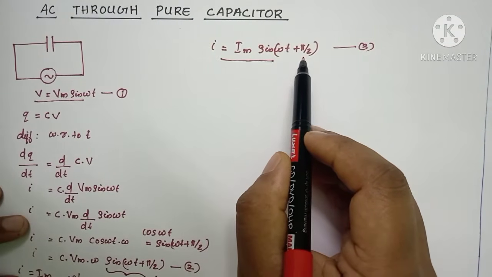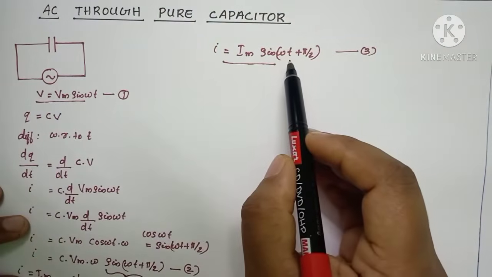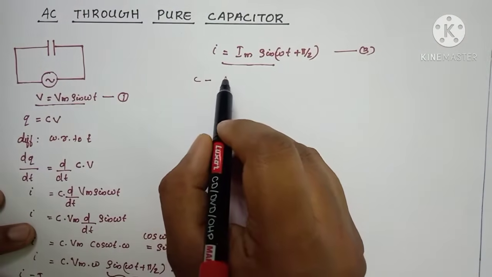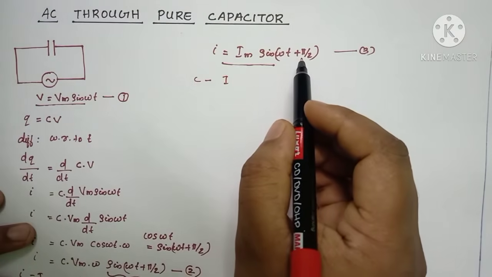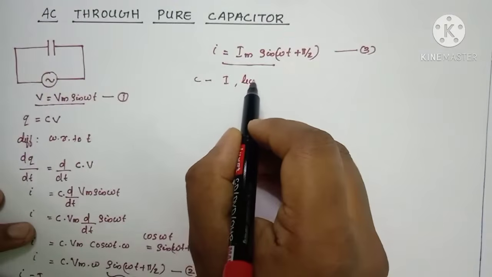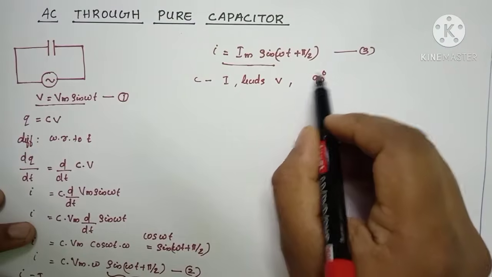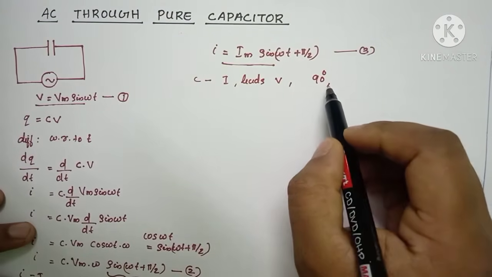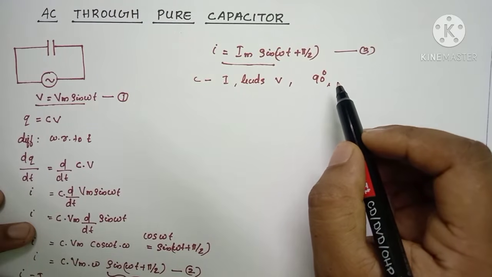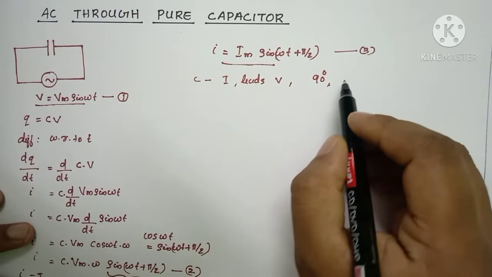So it is very clear that here it is omega t, here it is omega t plus pi by 2, so in a pure capacitive circuit, current leads the supplied voltage by an angle 90 degrees, or simply we can say that the current leads the supplied voltage by pi by 2 radian.